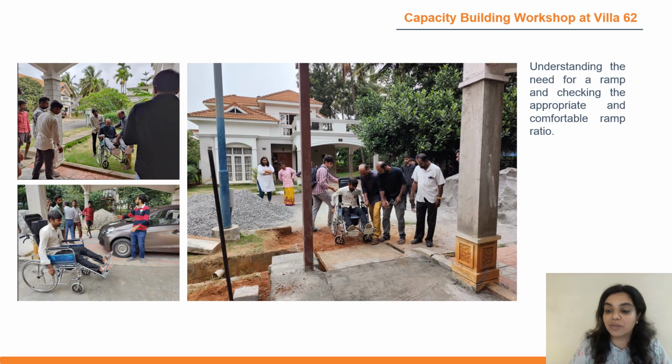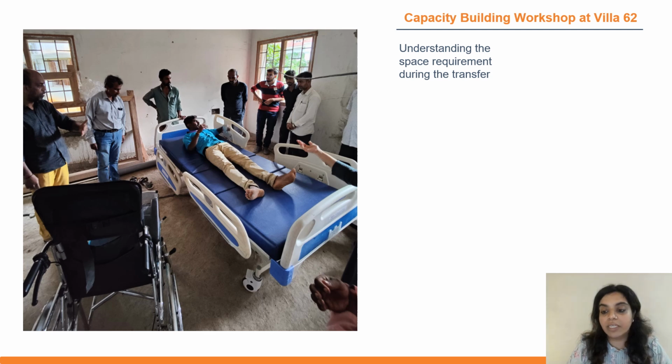They also maneuvered through the ramp and they saw how these smaller barriers, when we say that 20 is enough, and they didn't understand initially, they actually, when they went on the wheelchair, experienced that not just the slope, but even these thresholds can be extremely difficult to maneuver through. We even invited the vendor for the Paramount bed, and he showed us how the transfer happens, what are the electrical connections that we require for a Paramount bed and for the other equipment that is needed.